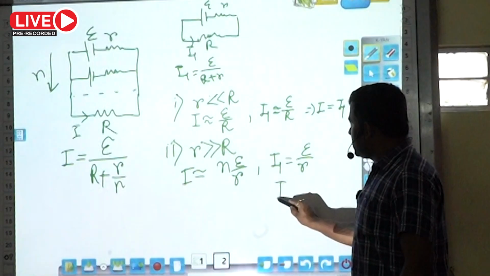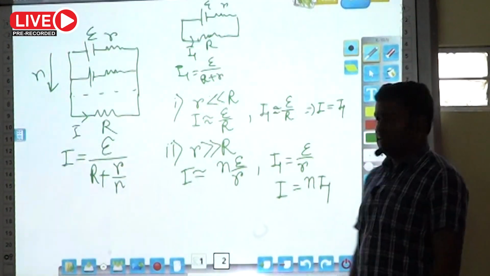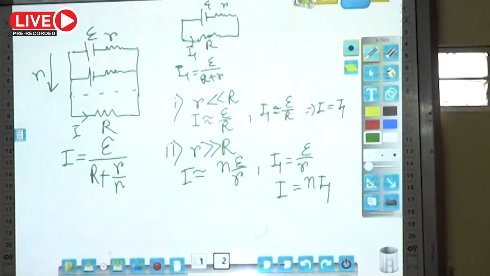See, there is n times increase in current. So when internal resistance of the cells is very high, to get maximum current, connect those cells in parallel. When internal resistance is very low, to get maximum current, connect those cells in series.